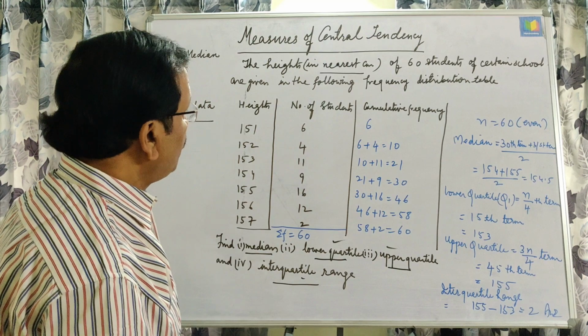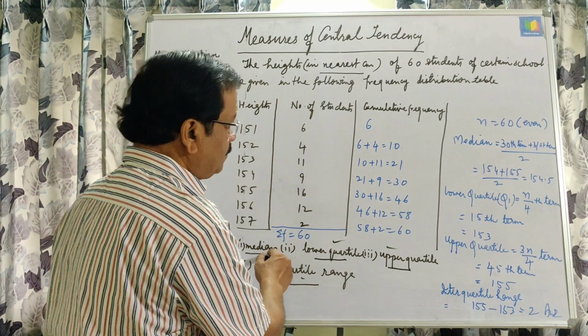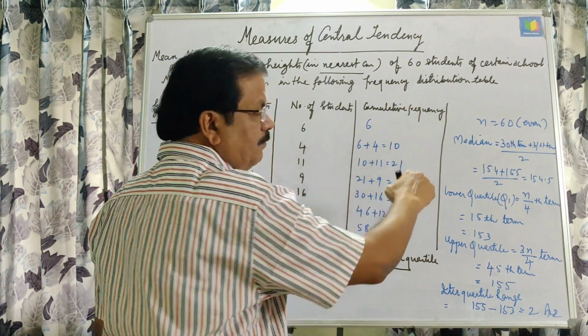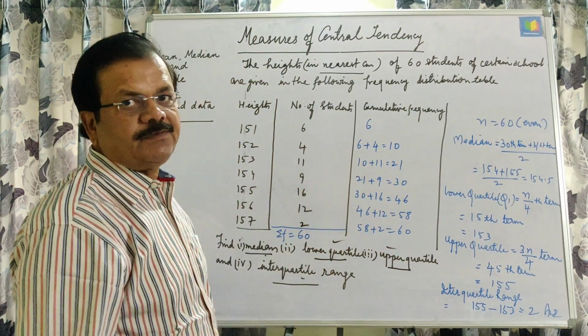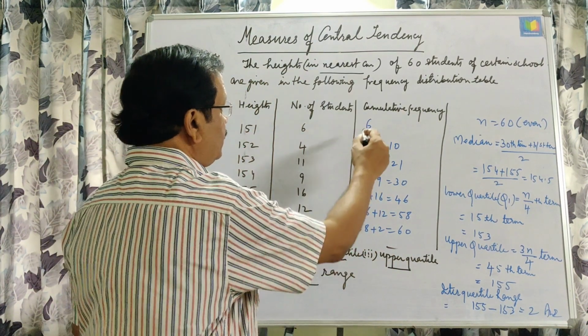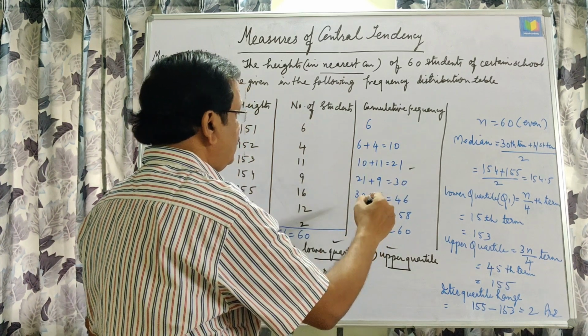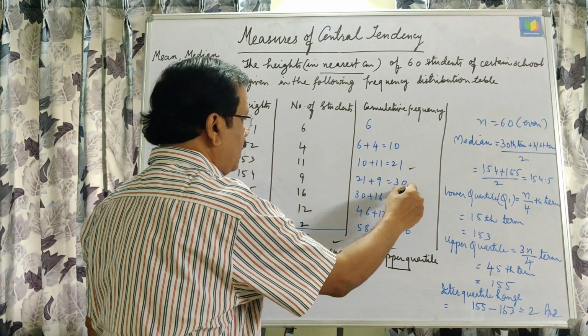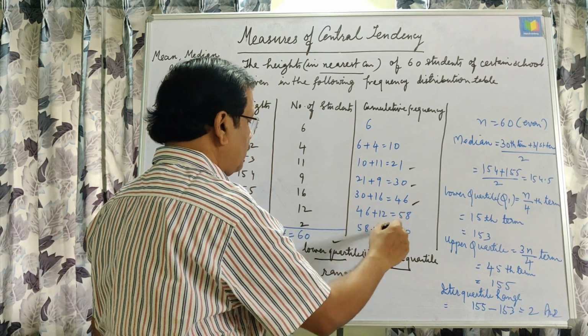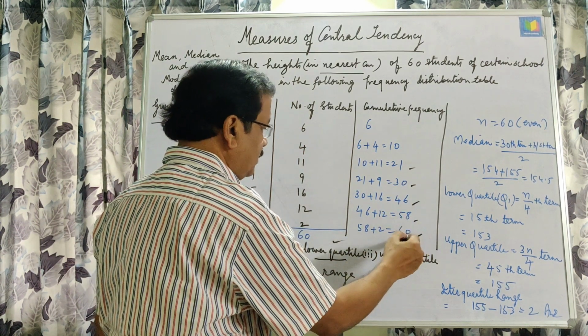Now see here, for the median again we'll find the cumulative frequency in the same way as we did in the last question. 6 plus 4, 10, then 10 plus 11, 21, 21 plus 9, 30, 30 plus this, 46, then 58, then 60.